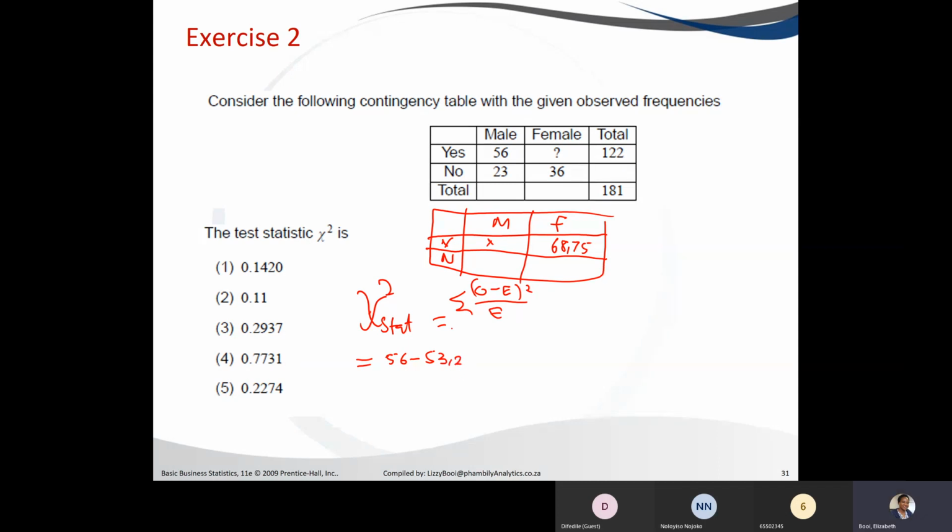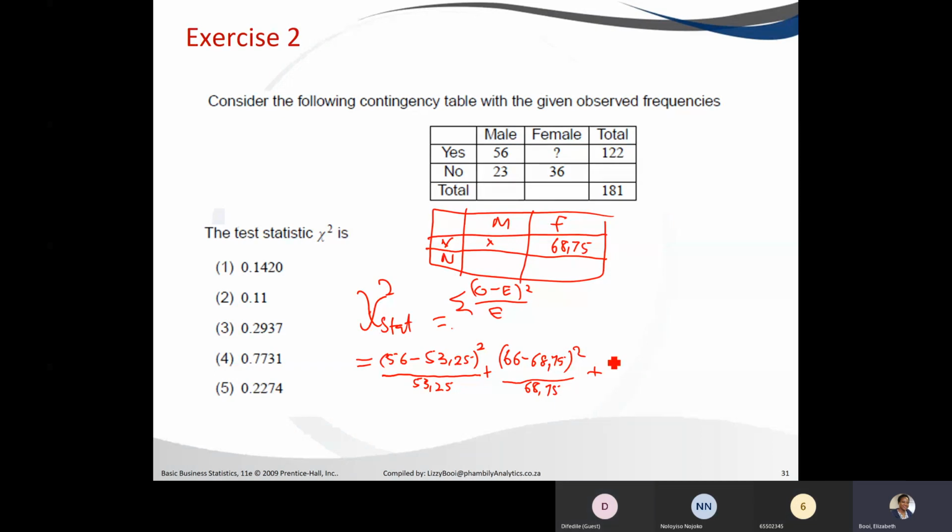Okay, can we get the answer now? I'm just doing only these two to save time, because I didn't calculate the rest of the other expected values, so I expect you to give me the answer.